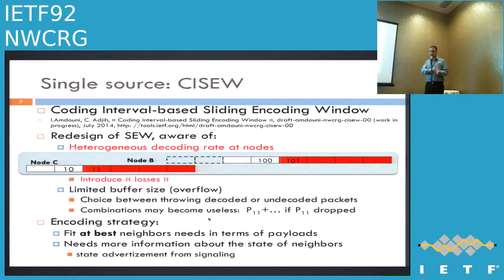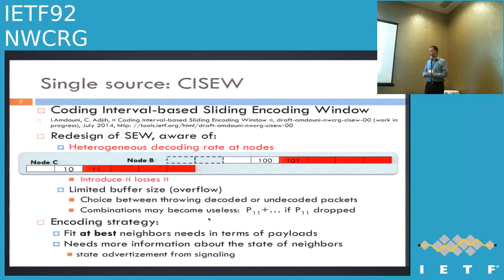The choice is not so easy in our context, because if we throw away decoded packets, we can still later receive some coded packet involving these packets, and then we will not be able to decode them. So there is a kind of trade-off in this context.